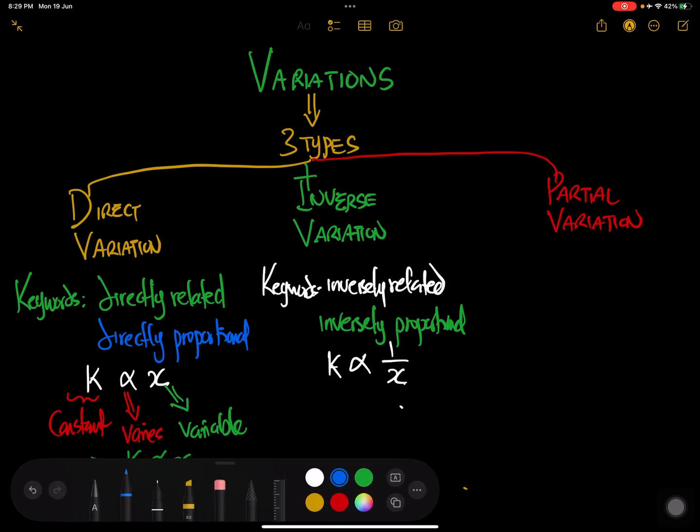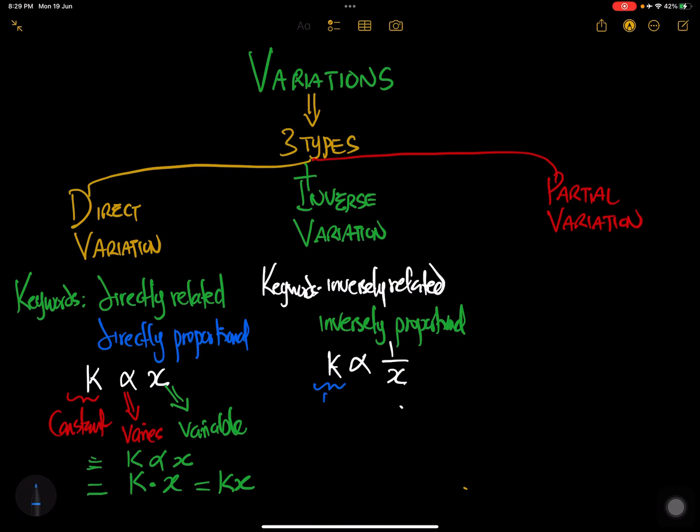Now, the k there is the constant, and this is our variation symbol, and this is our variable. Then we have reciprocated, or taken the inverse of the variable.